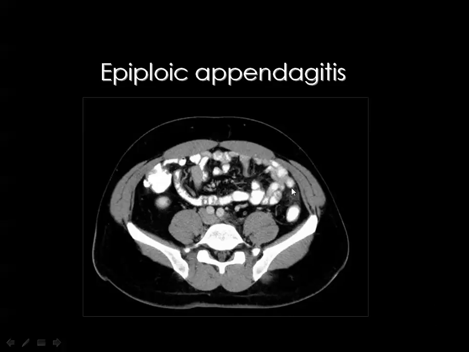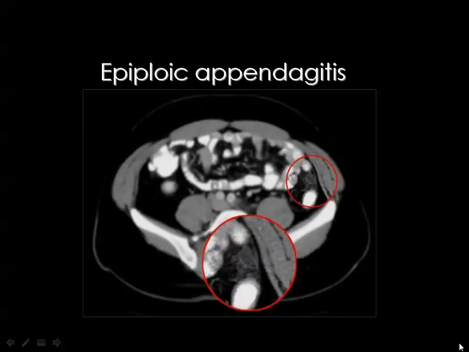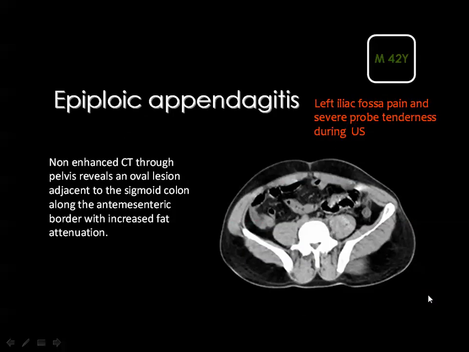But if you look carefully here, you can see the lesion where you see the thickened visceral peritoneum with stranding of the intraperitoneal fat. And this is the magnified image, small magnification, large magnification, and you can see the lesion better in the magnified images.